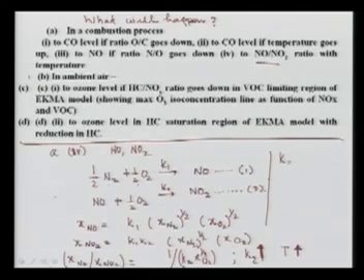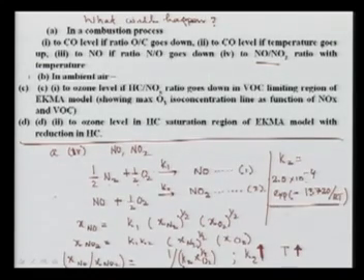K2 equals 2.5 times 10 to the power minus 4 times exponential minus 13720 by RT. So as the temperature goes up, the value of K2 will also go up. If K2 goes up, the ratio will come down. We haven't written the final answer, so let's write the final answer here.